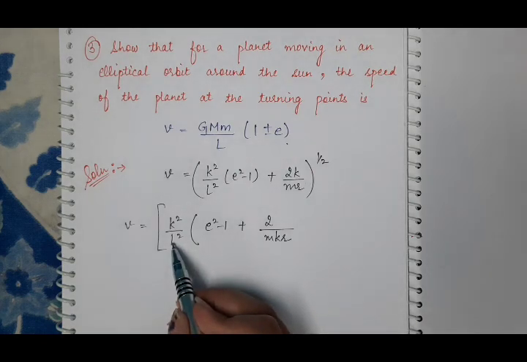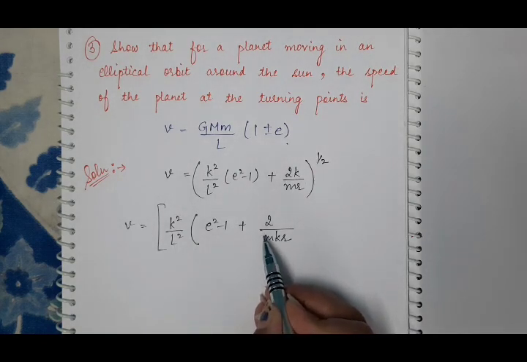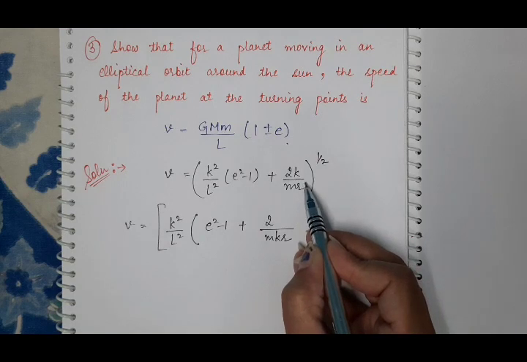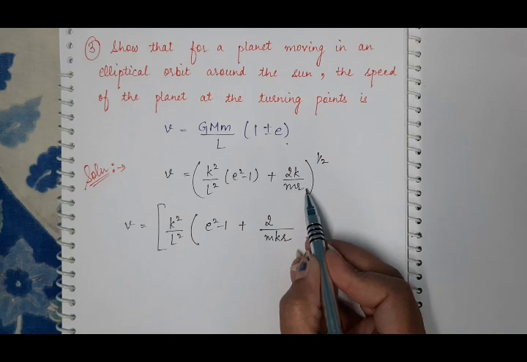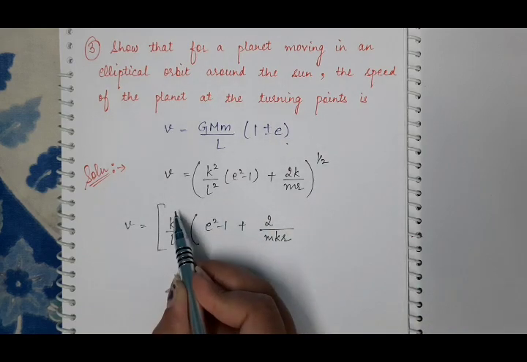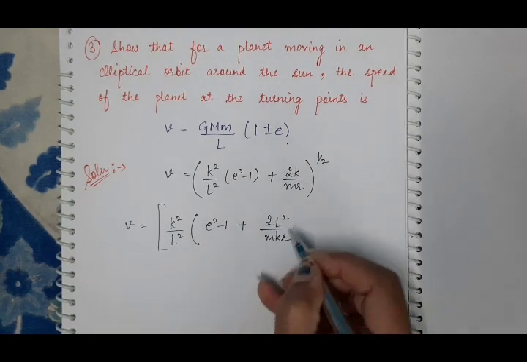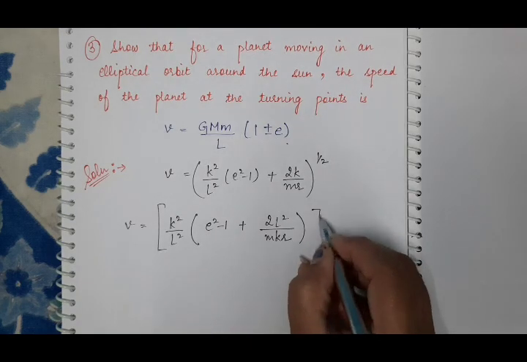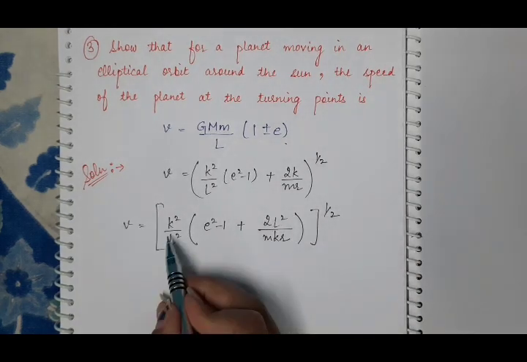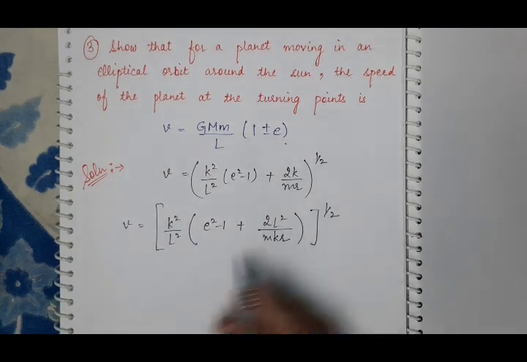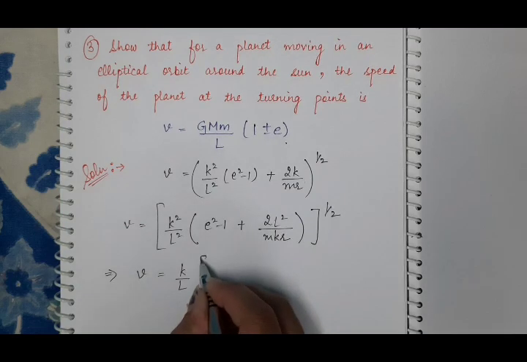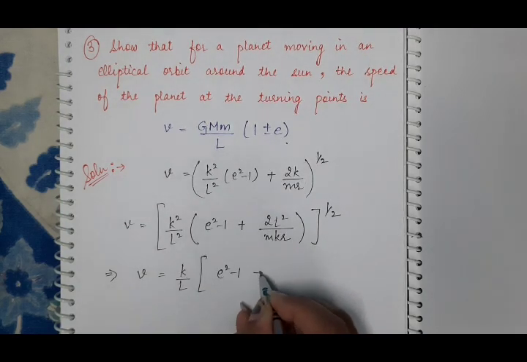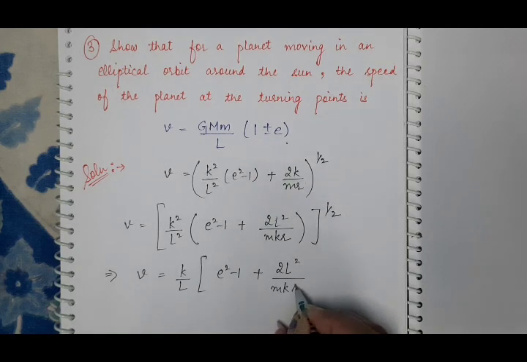There is no L square in the denominator, so you multiply and divide by L square, and the L square is taken outside. When you take this k square by L square outside the square root, you will get k by L. So V is equal to k by L times the square root of E square minus 1 plus 2L square upon mkr.